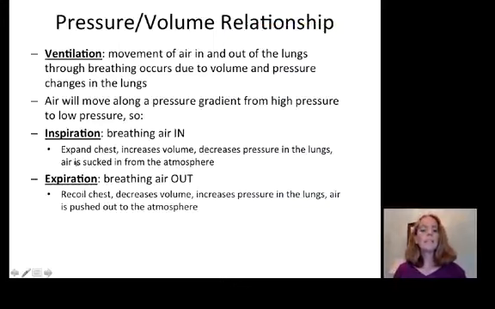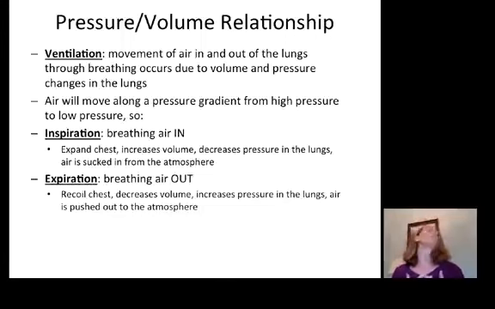So this can be completely explained by the changes in volume of the chest cavity. And in fact, we have simple models that we can use with increasing and decreasing volume to show how that will suck air in when you increase volume and push air out when you decrease volume.